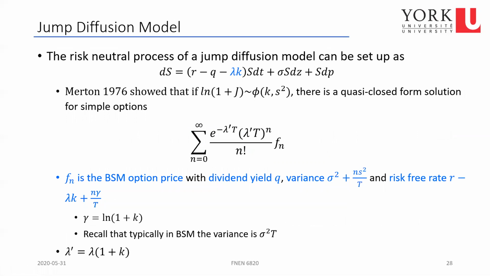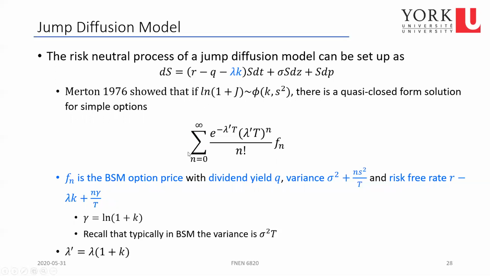Now, Merton has shown that if we have a jump diffusion process, you would actually have a quasi-closed form solution. What that means is that you will have an expression, but this expression is an infinite sum.